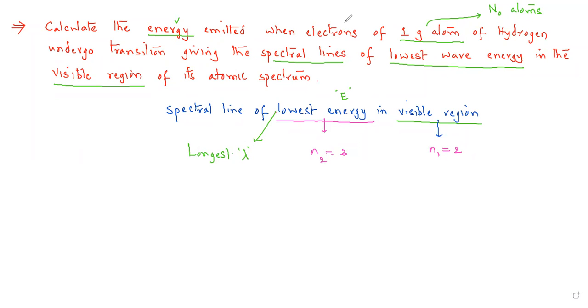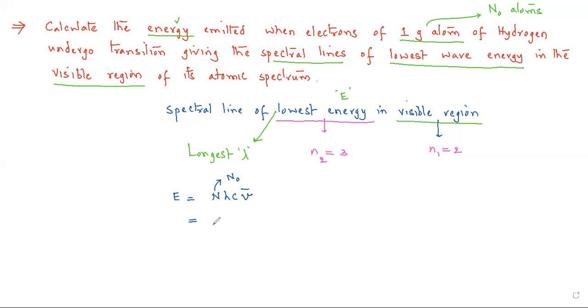We have to calculate energy. We know that the expression for energy is N H C nu bar, where N is the number of photons. This we have considered as N0.